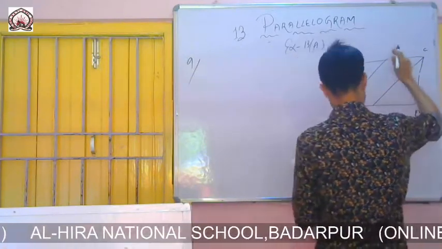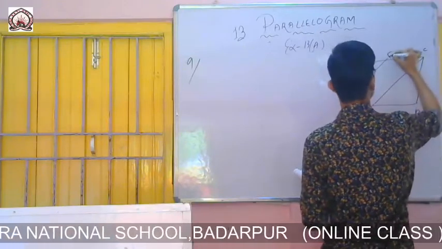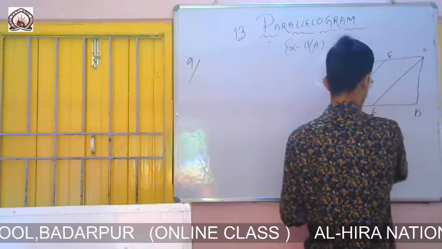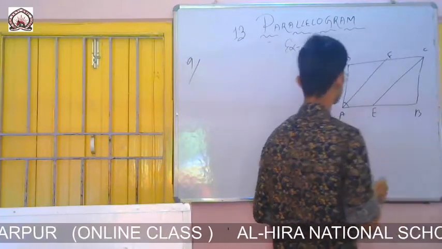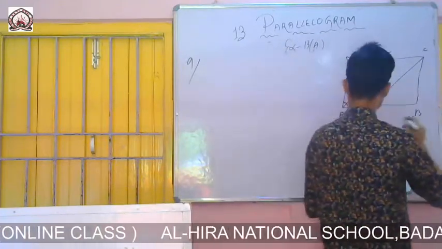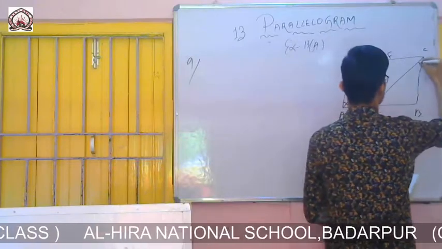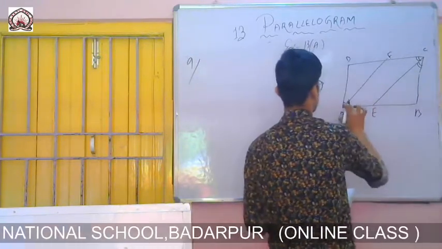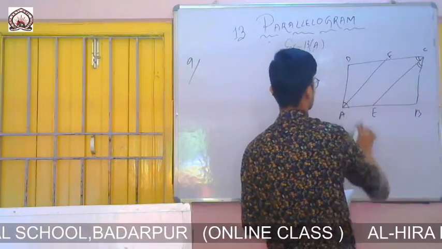Angle A, this is given as F, and this one E. These two, it is a bisector, that means these two angles are equal, and this is also bisected by AF, that means these two angles are equal.